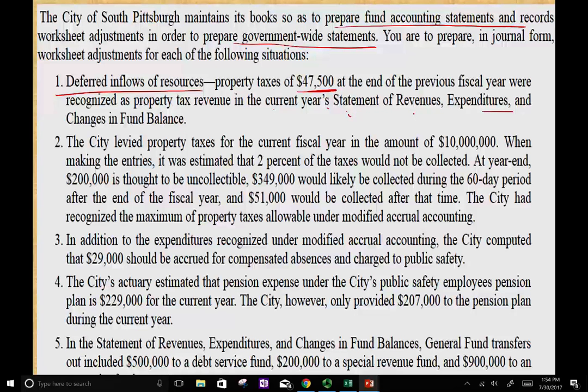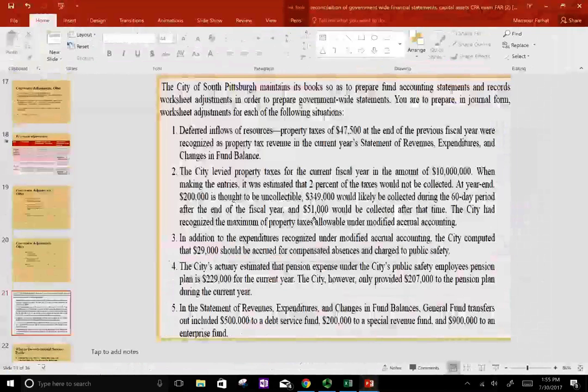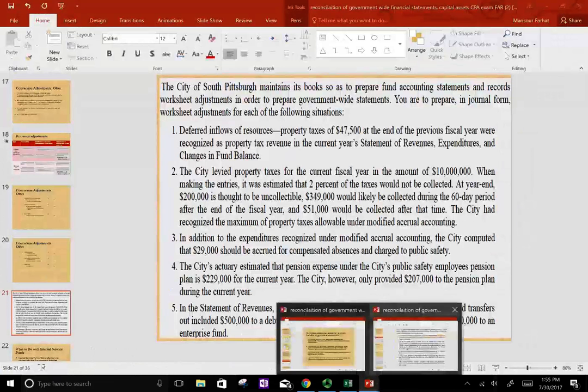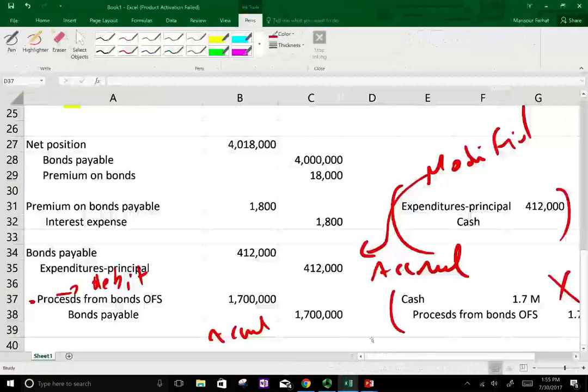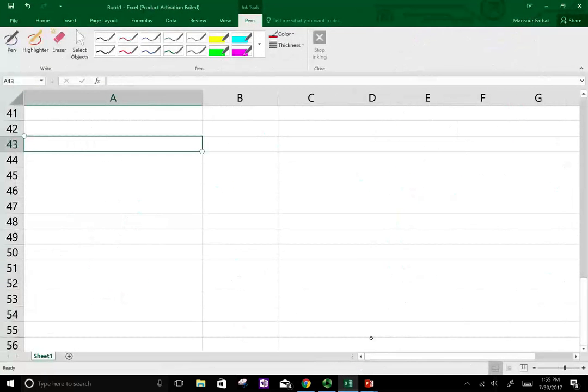We are told that $47,500 at the end of the prior year. So last year, this is what we did. This is last year. It has nothing to do with this exercise.